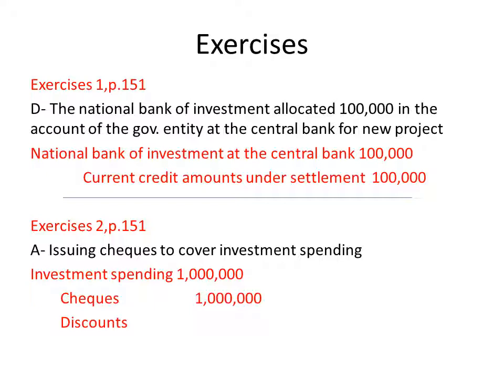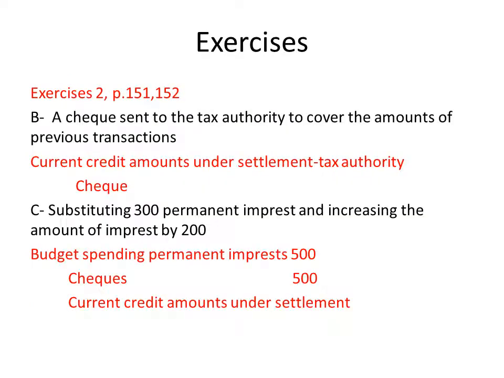Exercise 2. A. Issuing check to cover investment spending. The entry would be investment spending and checks with 1 million. B. A check sent to tax authority to cover the amount of previous transactions. The entry would be current credit amount under settlement, tax authority, and checks.